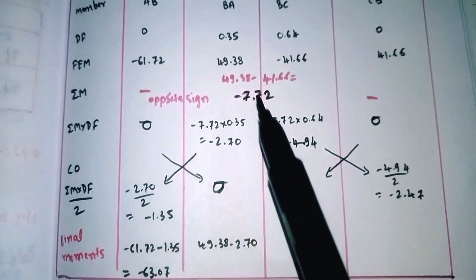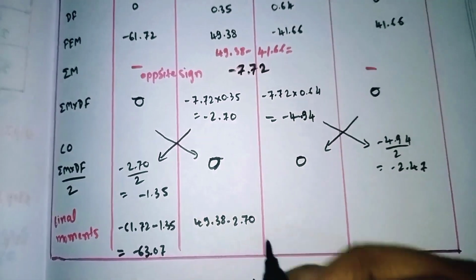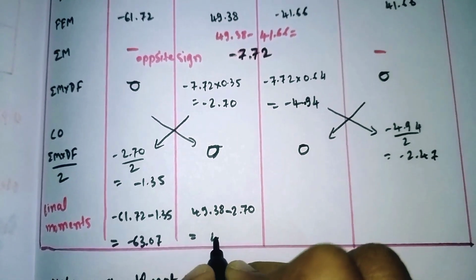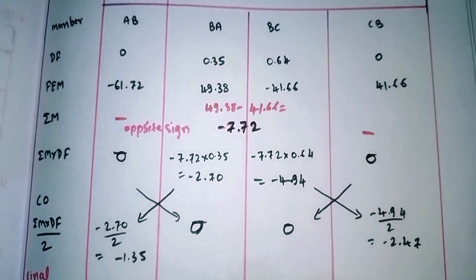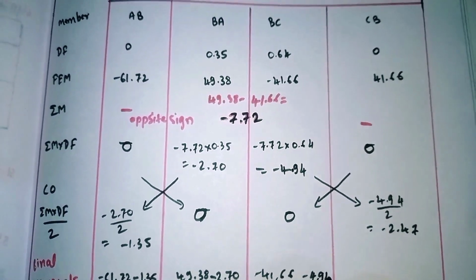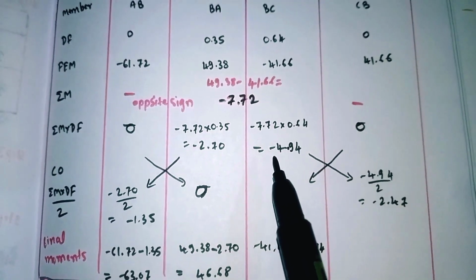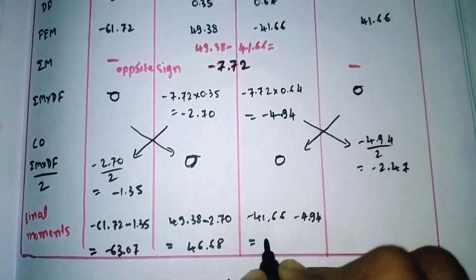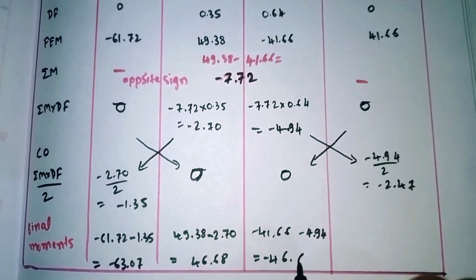So our 49.38 and minus 2.70, it will come out as 46.68. So here also minus 41.66 minus 4.94. It will come out as minus 46.6.